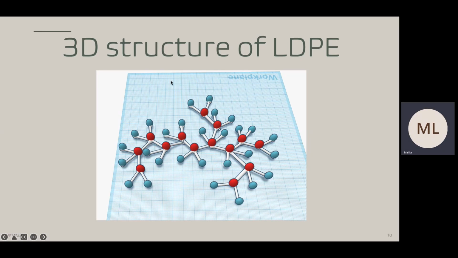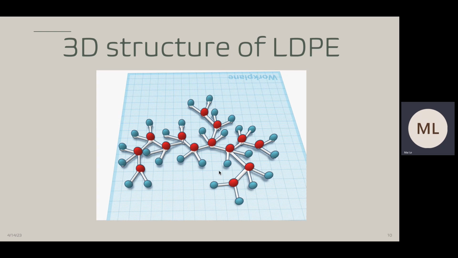We have a 3D structure drawing of LDPE. The branching of LDPE occurs due to the presence of short side chains in the polymer structure and also some long chains too, as we can see in the picture, which disrupt the linear arrangement of polymer molecules.